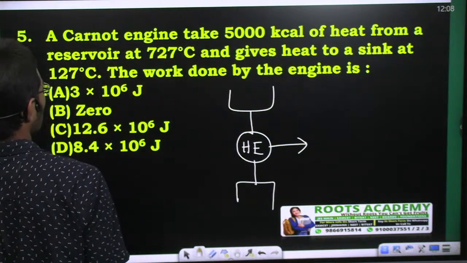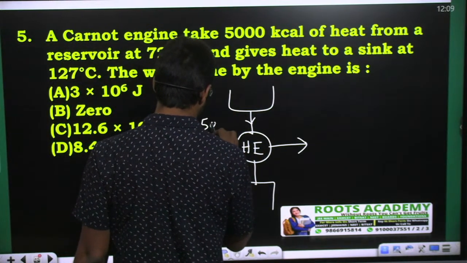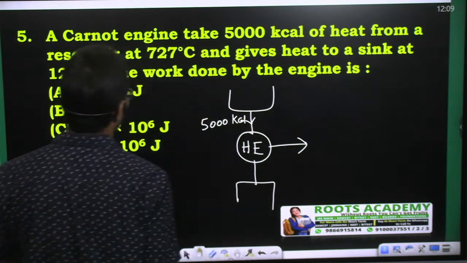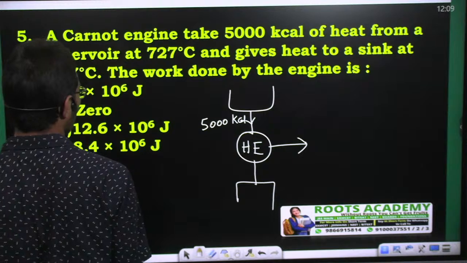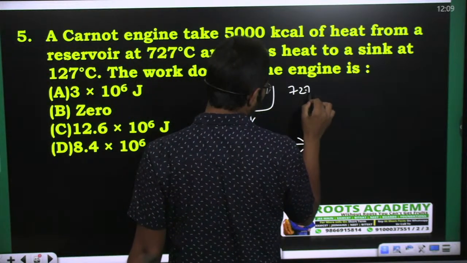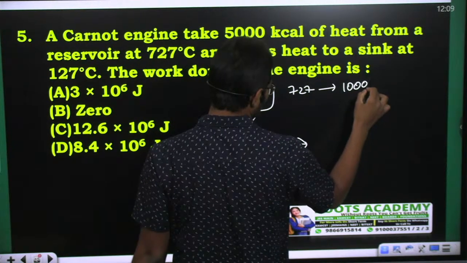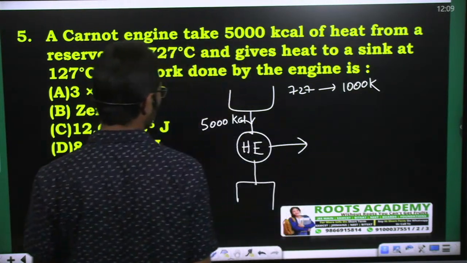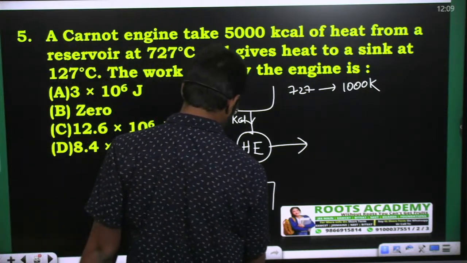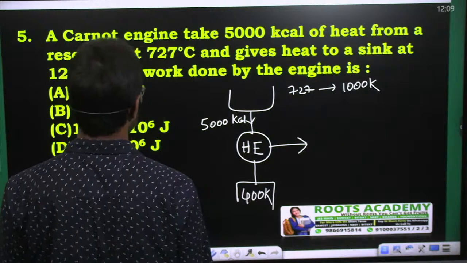The Carnot engine takes 5000 kilocalories of heat from a reservoir at 727 degrees, which converted into Kelvin is 1000 Kelvin, and the sink at 127 degrees, 127 plus 273, is 400 Kelvin. The work done is being asked.